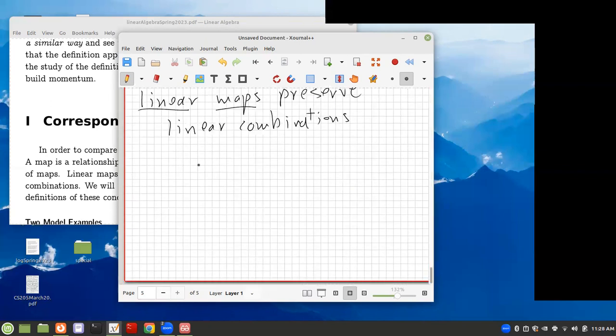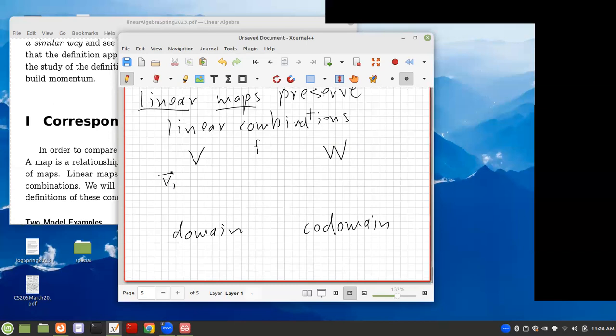So let's say I have a domain V, and I have a codomain W, and say I have a map F. And let's say I might have two vectors here, V1 and V2.